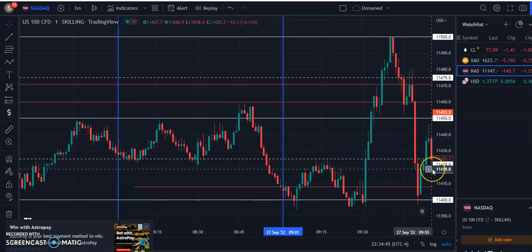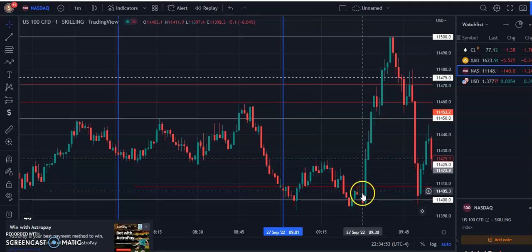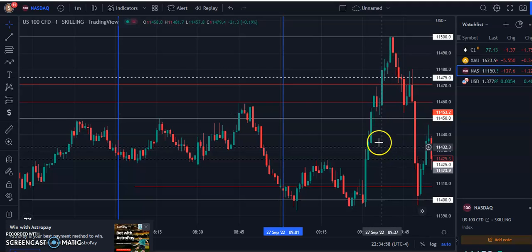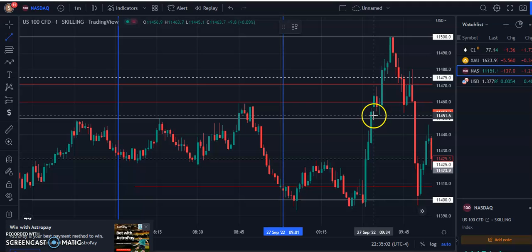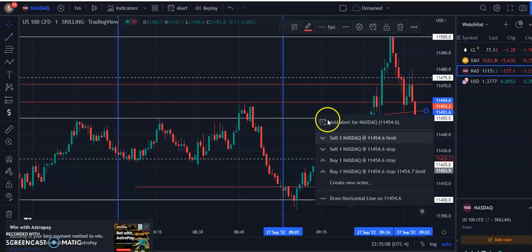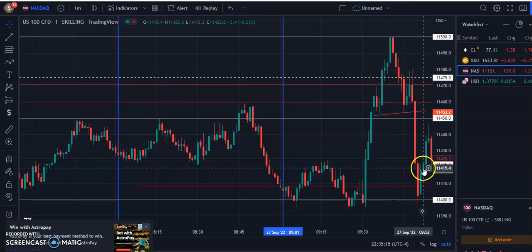an engulfment. Now, when I see this great volume, and I see this setup. Now, when you look at this again, this is a head and shoulders pattern. See, we have our left shoulder, our head, our right shoulder.